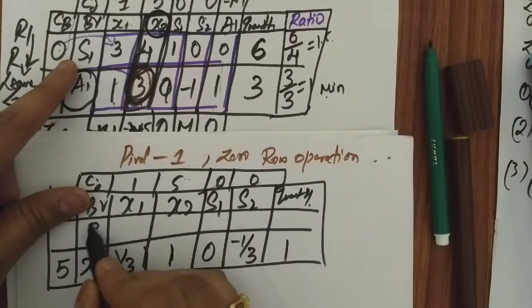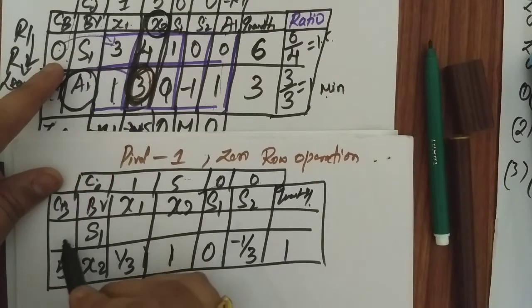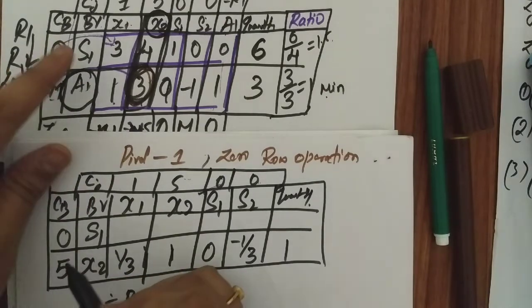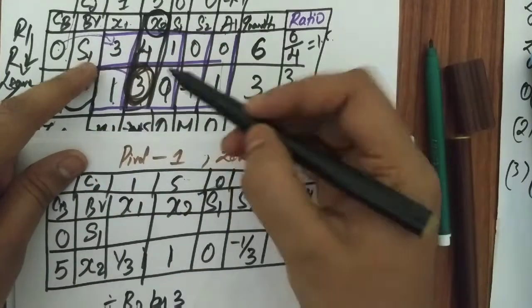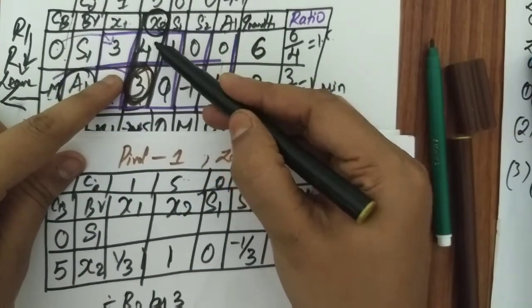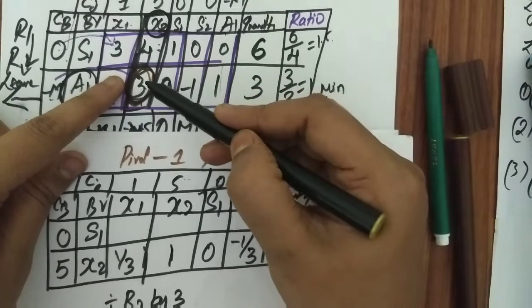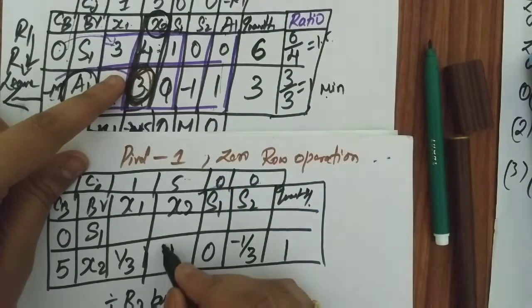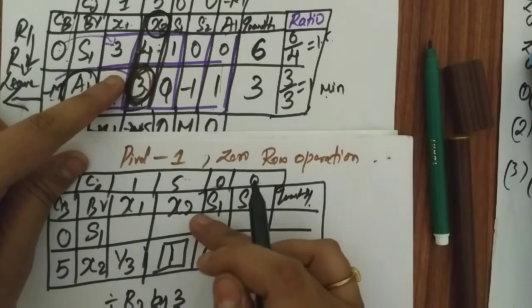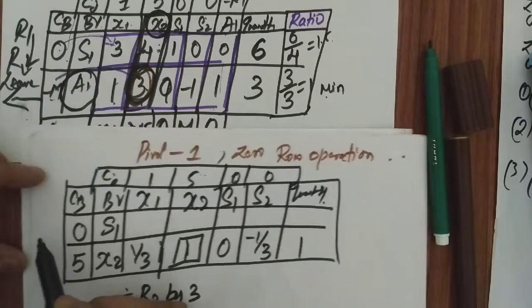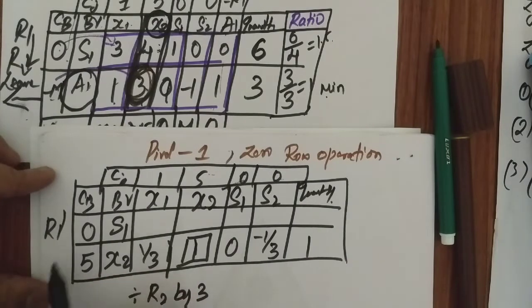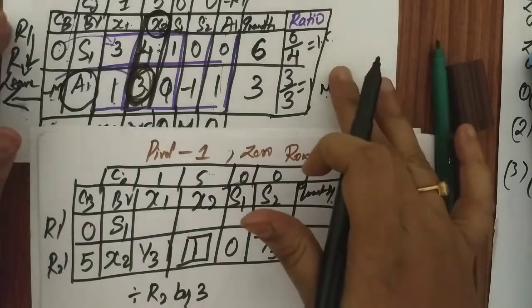According to this, we have S1, which will remain the same. The S1 coefficient is 0. Now we have to make this row such that above the pivotal the value is 0. I repeat, above the pivotal. The pivotal we made 1, and above the pivotal we have to make 0. How can I make 0? I will denote these as R1 dash and R2 dash.